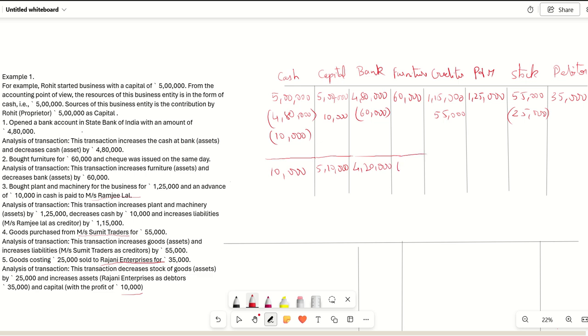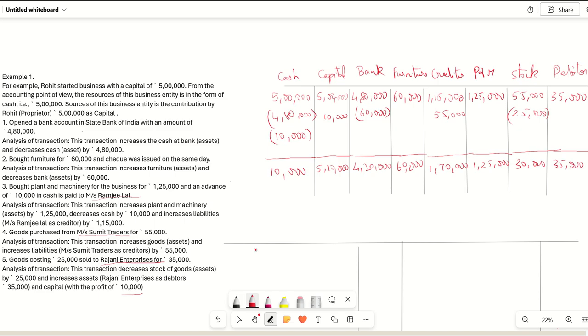Furniture balance will be 60,000. Creditors come to 1,70,000, right? Plant and machinery stands at 1,25,000. Stock at 30,000, and debtors at 35,000, right?